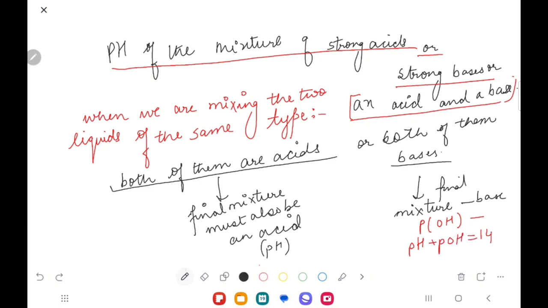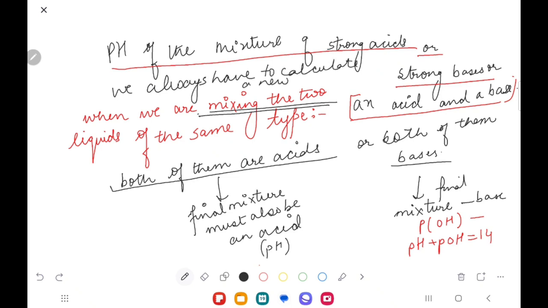Do you understand? So when we are talking about this particular part, always remember when we are mixing the two substances, we always have to calculate a new concentration. Alright. So there is a certain formula.